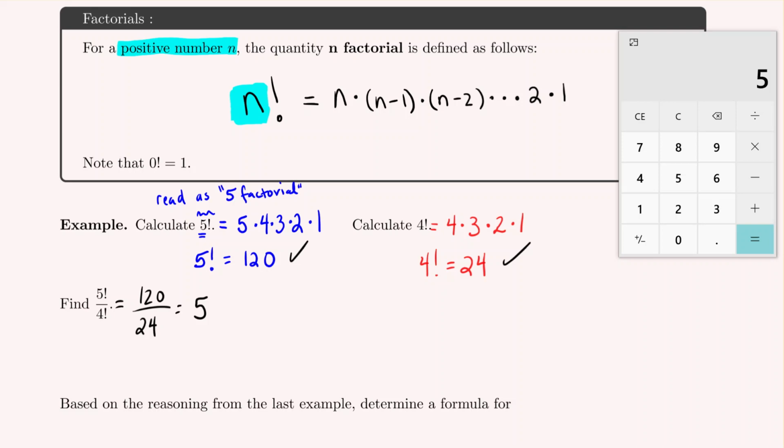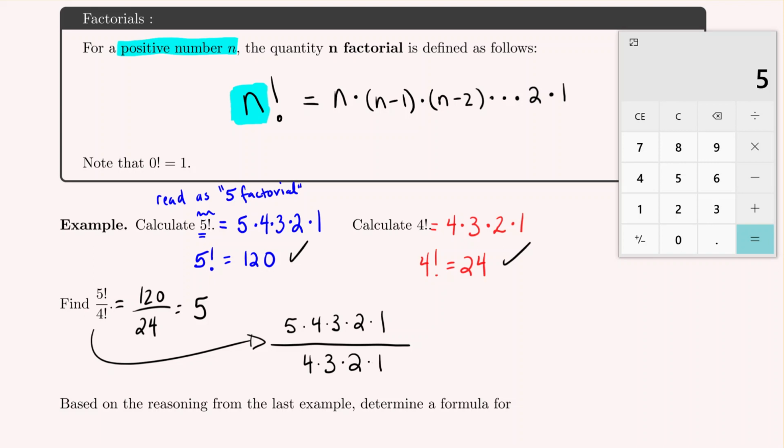Another way that you could do it, if you don't want to calculate both, is write out what 5 factorial and 4 factorial is. So our other method could be to say 5 factorial is 5 times 4 times 3 times 2 times 1. I need to divide that by 4 factorial, but 4 factorial is 4 times 3 times 2 times 1.